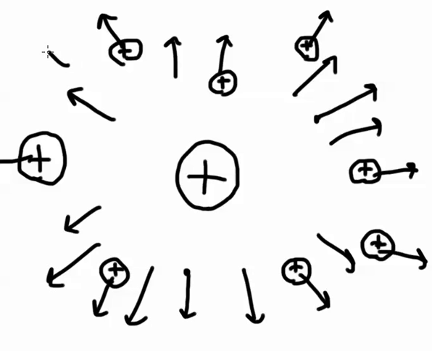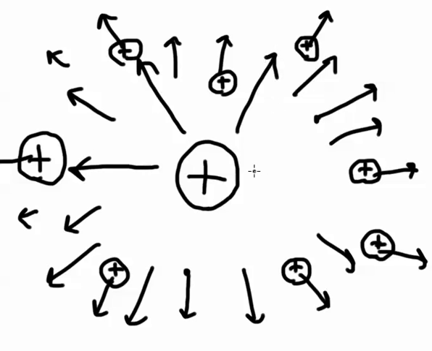And since the force goes like 1 over r squared, there should be stronger arrows at the center. Because if there were a charge, it would be much more strongly affected if it were at the center.